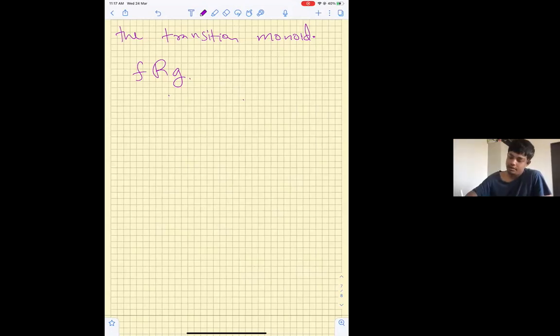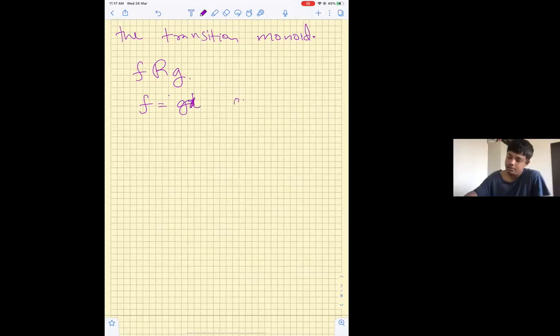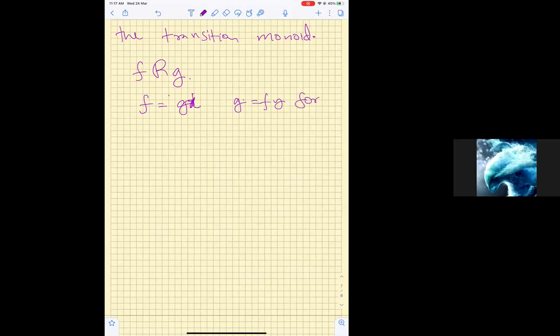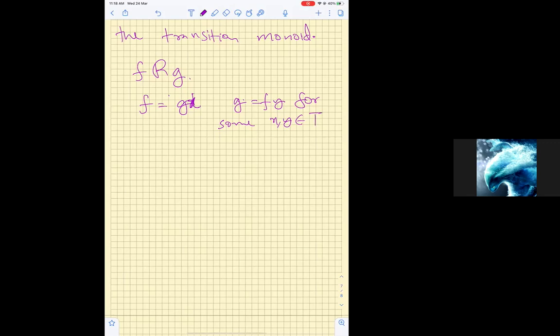So I can write F is equal to GX and G is equal to FY, where X and Y are also functions, extensive functions, of the transition monoid.